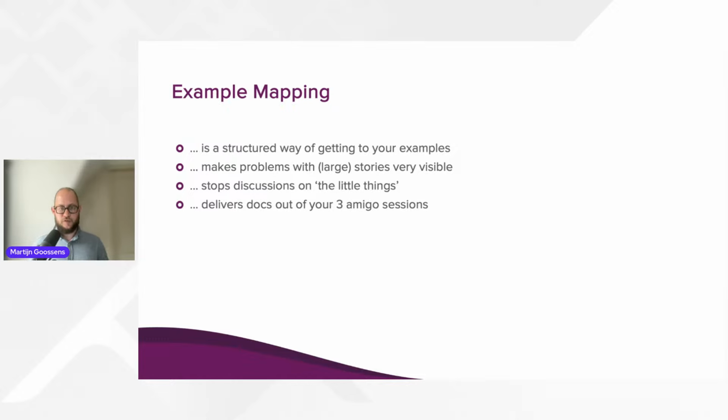That also helps in quality because ultimately the mindset of Scrum and Agile is to build smaller things and iterate on them, right? This also stops the discussions on the little things. We can park them, as I will show you in a bit. And ultimately, it delivers those documentations out of 3 Amigo sessions. If you have not heard about 3 Amigo sessions, I'll explain later.